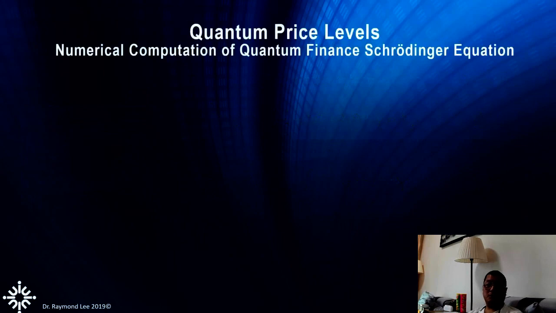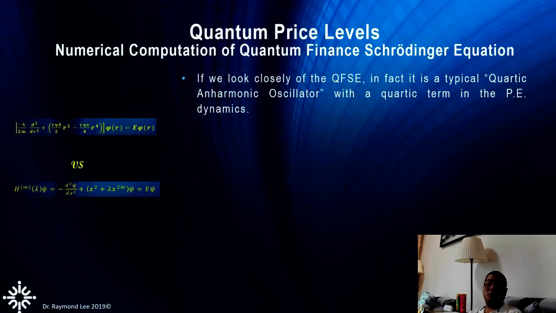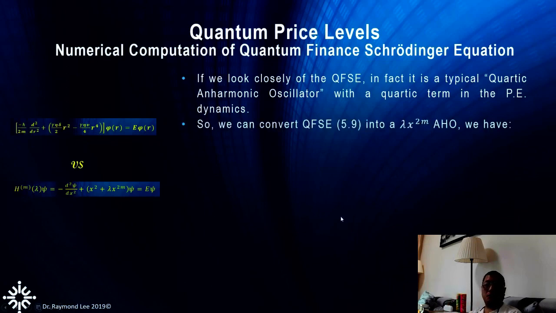So let's continue. If we take a close look at our quantum financial equation, it is in fact what we call the quartic anharmonic oscillator, where the second part is the power form 2m, with m equal to 2. So we have converted the quantum financial equation into a lambda x2m form.